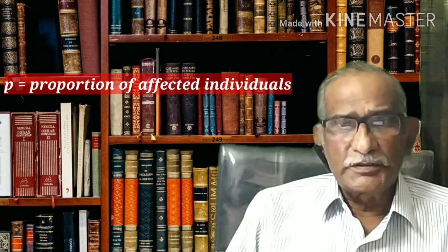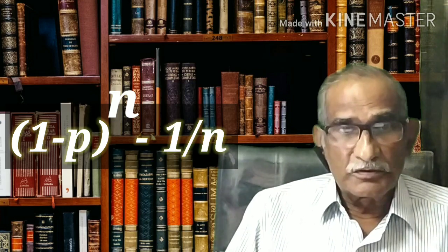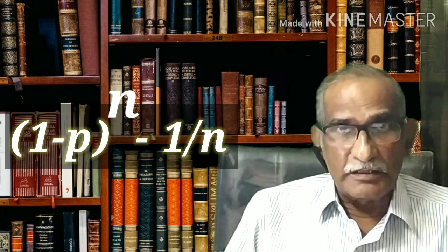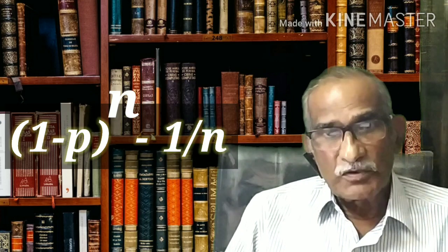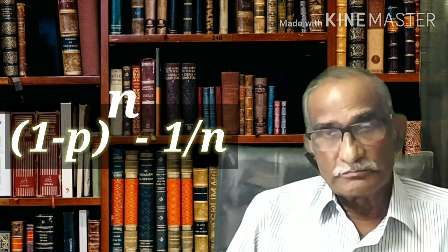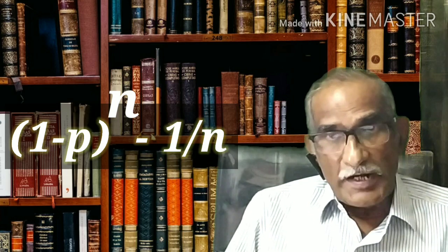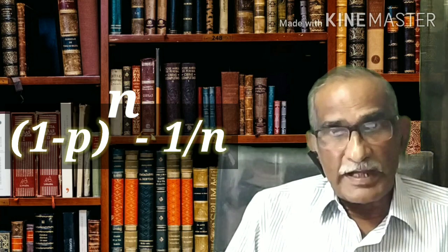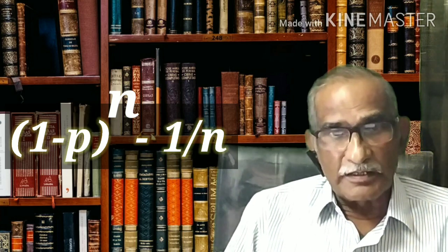If n is such group size, then we have to find that n which maximizes the expression (1 minus p) to the power n, minus 1 by n.